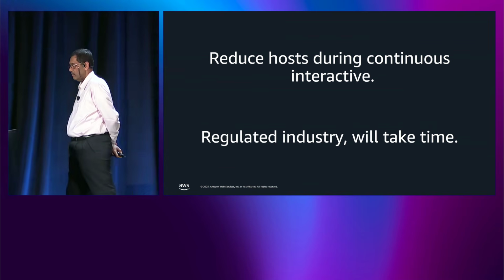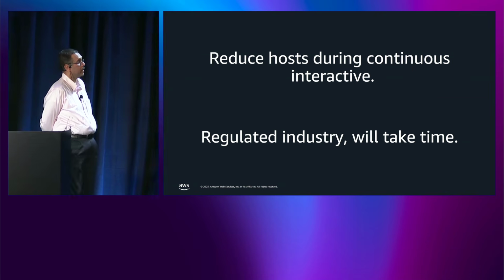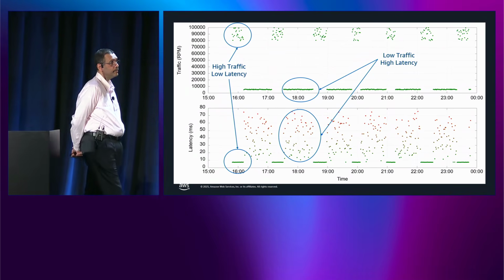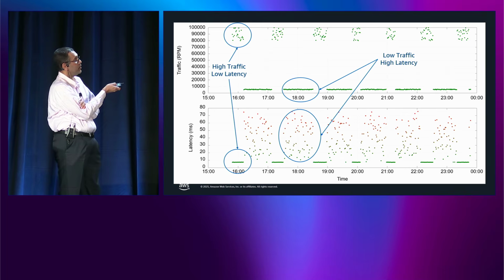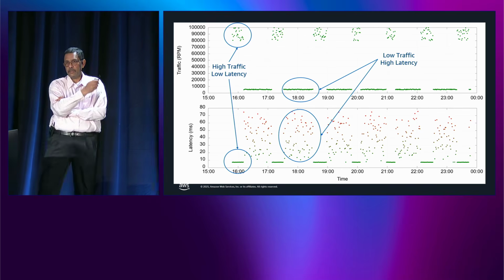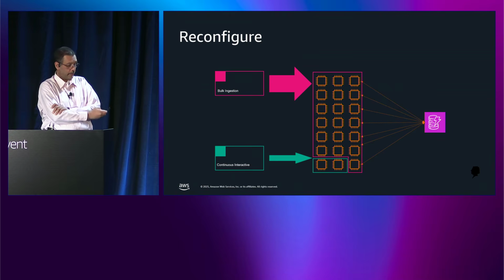That is not something which they were willing to do, and also they're in a regulated industry. It'll take a while for them to actually try it out. So our simulation was this: high traffic, low latency, low traffic, high and variable latency. We were able to recreate this in the lab perfectly.